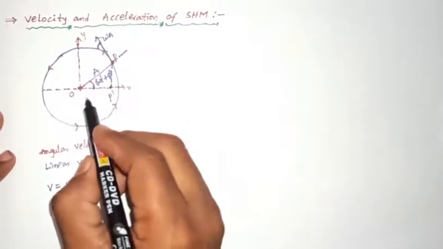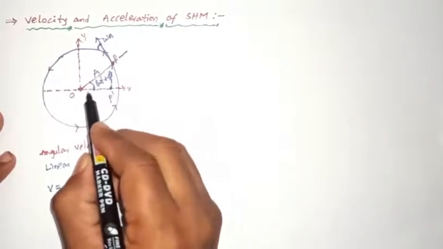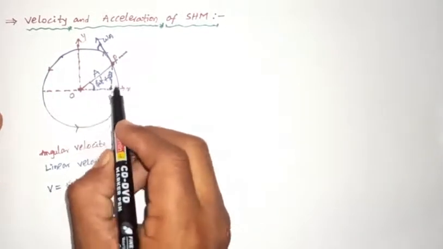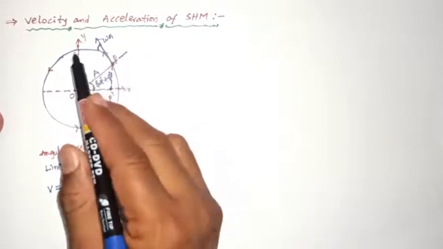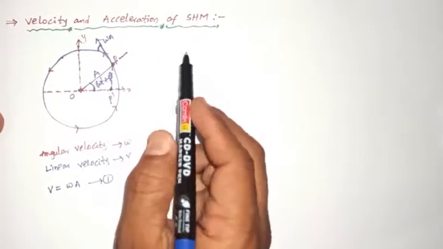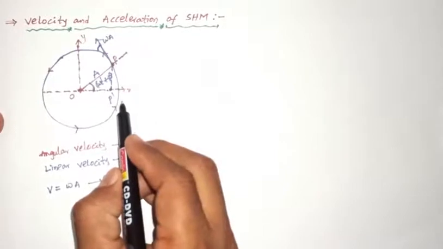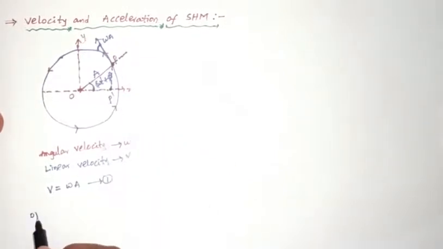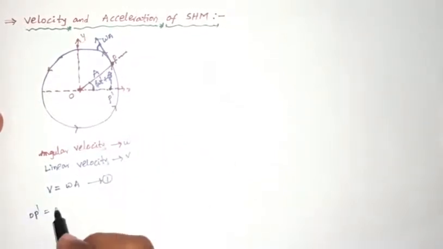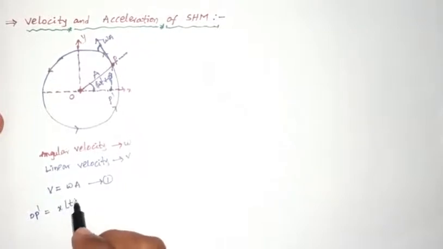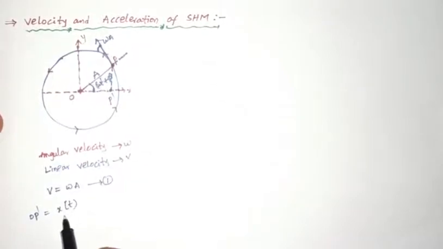Here OP dash is the displacement of simple harmonic motion along the x direction. So OP dash is nothing but x of t, the function of displacement at time t.